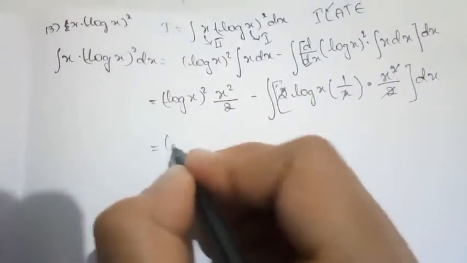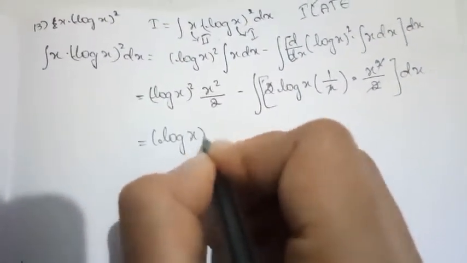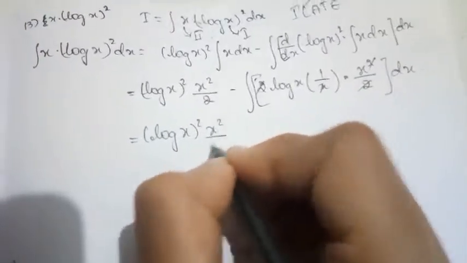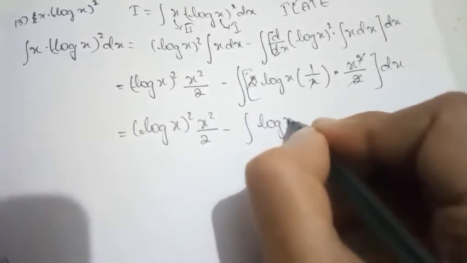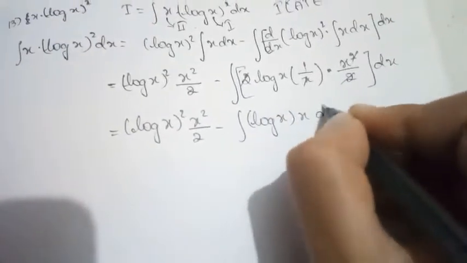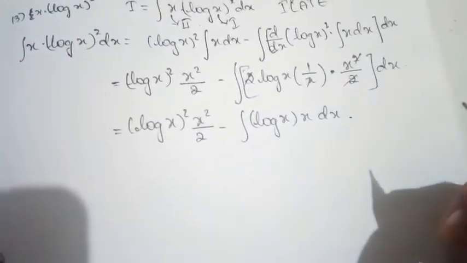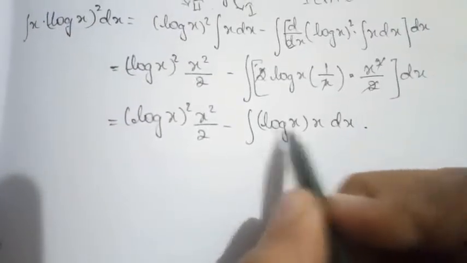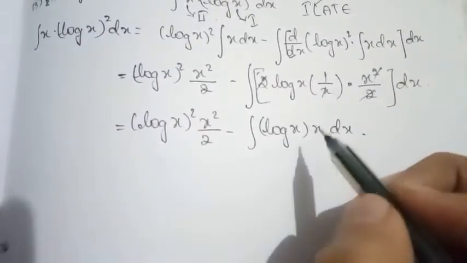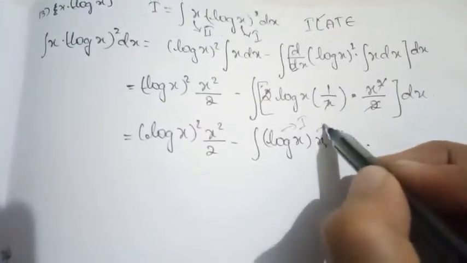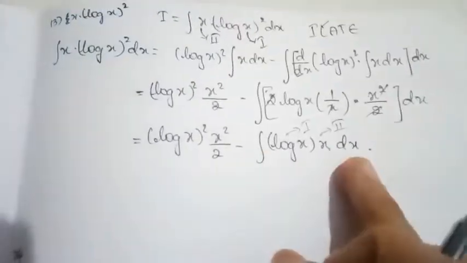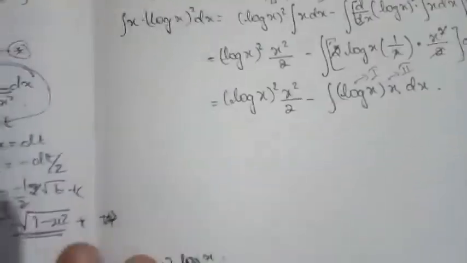So what is remaining? Log x whole square into x square by 2 minus integration of log x into x dx. So now here again, log x into x is a product of two functions. As per the ILATE rule, the logarithmic function is the first function and this is the second function. Again we are using the integration by parts method.